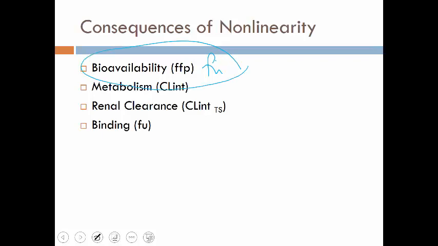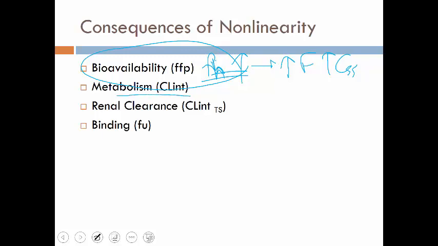What will happen to FH is when those enzymes get overwhelmed, we're going to see an increase in FH, therefore an increase in bioavailability. So it's just going to be like giving more drug. We'll see an increase in CSS average, an increase in area under the curve if we're looking at that. So nonlinear bioavailability would result in increases in CSS average, increases in area under the curve. No change in half-life though, right?